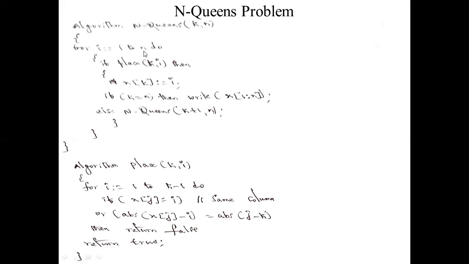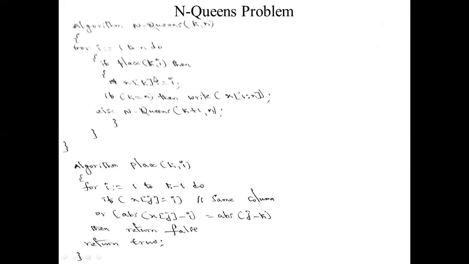If it is false, then i will be incremented by 1, and we need to check i at 2, 3, 4, 5, and so on. In this way, we can find the appropriate placement for the kth queen. After placing the kth queen in an appropriate location, we try to place the k plus 1th queen by calling the same procedure. Again, this procedure calls Place, which verifies all the column numbers from 1 to n and finds the appropriate column number for placing k plus 1, and so on.